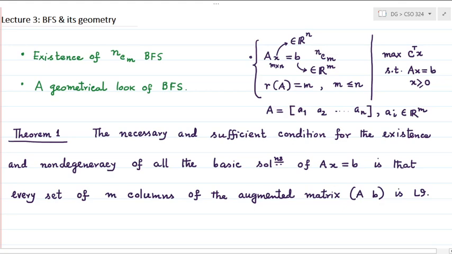Therefore in this matrix [A b] you have n plus 1 column vectors.